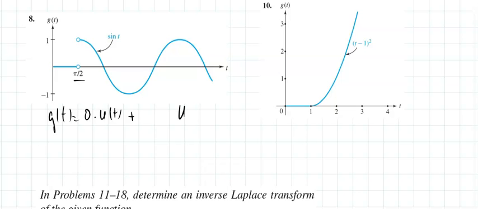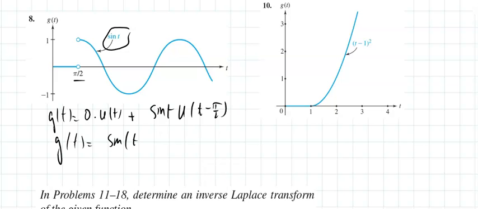Plus, when you reach pi over 2, the system turns on. So what do they want us to do here? The same deal. They want us to actually take g of t, and isn't this the sine of t minus pi over 2 plus pi over 2?